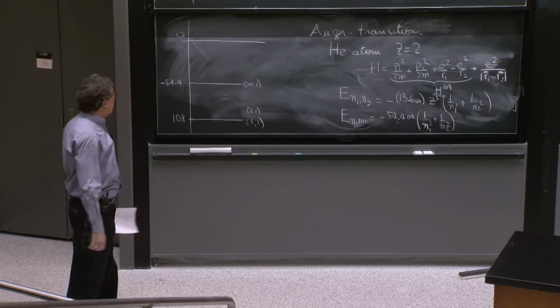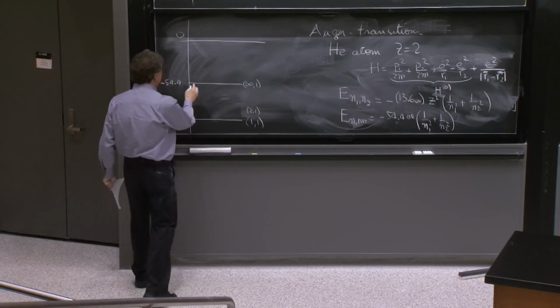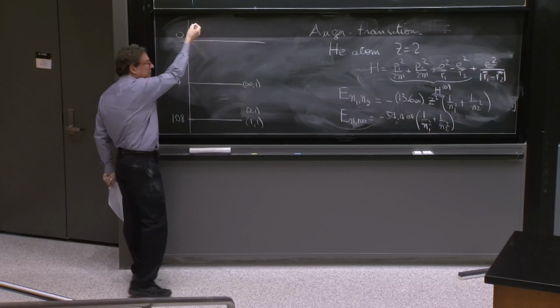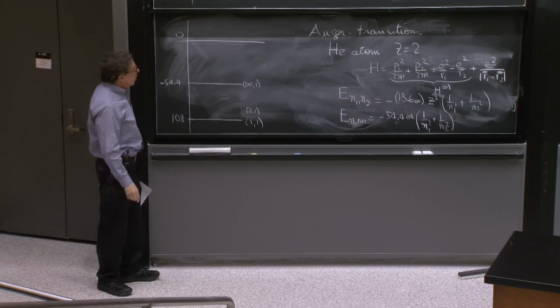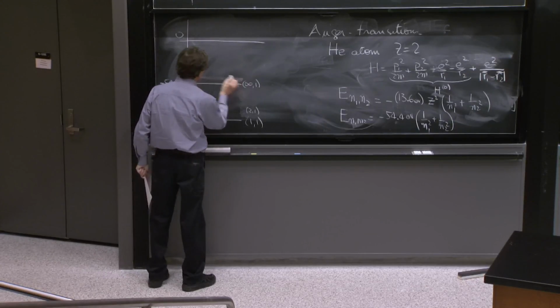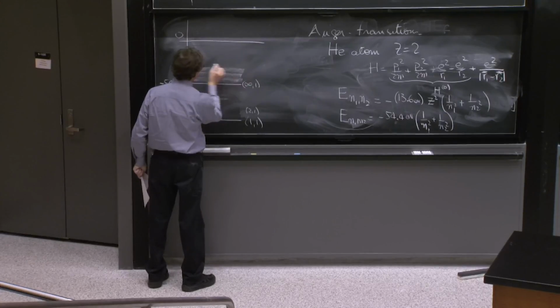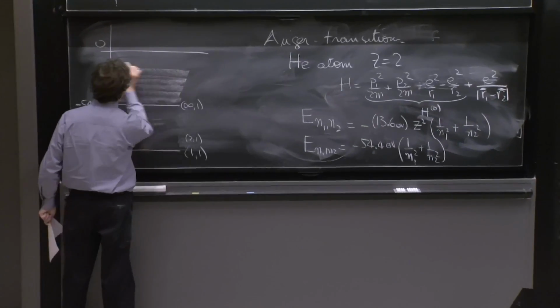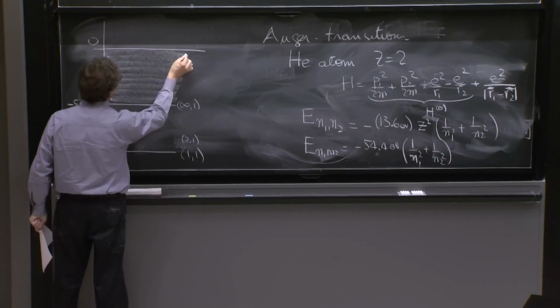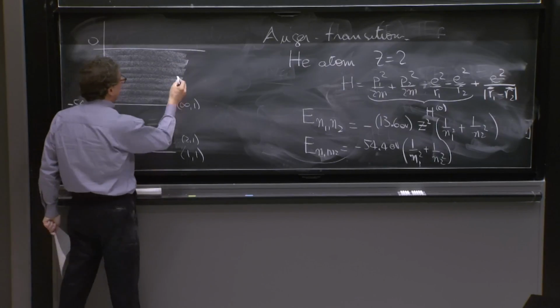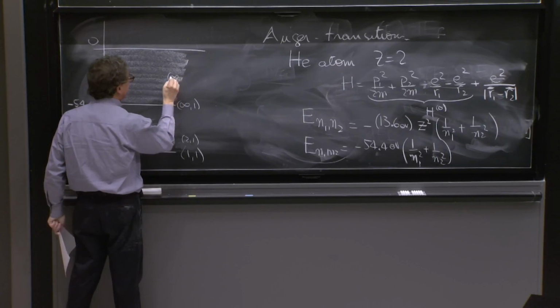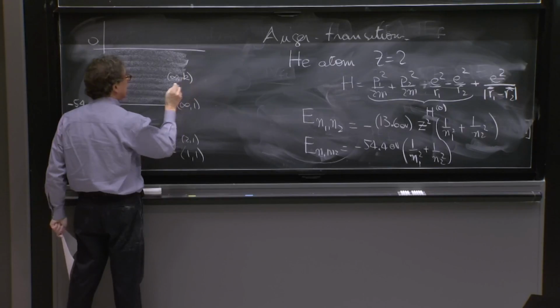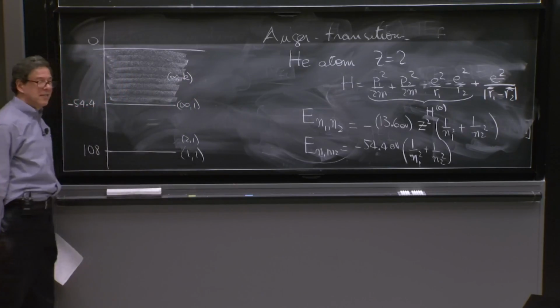So after you go here, there's a continuum of states, in which every state has an electron in 1s and an electron with some momentum k.